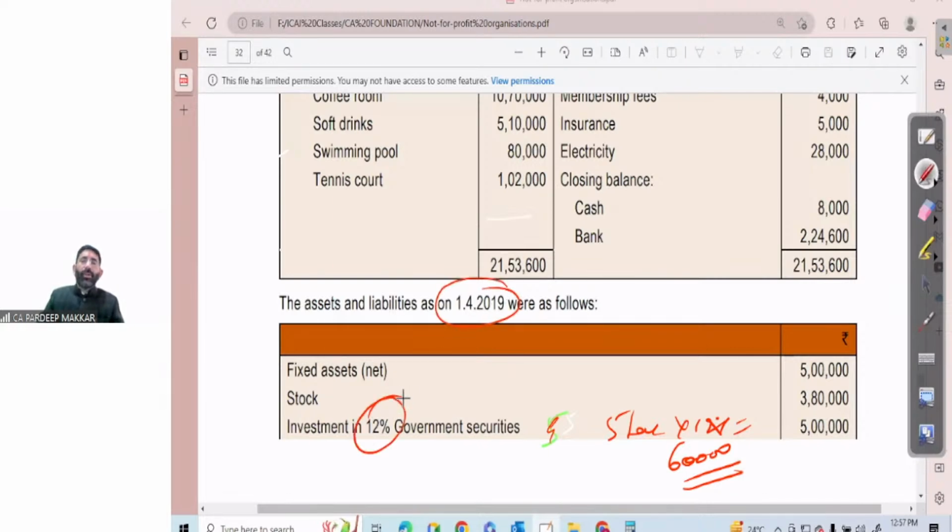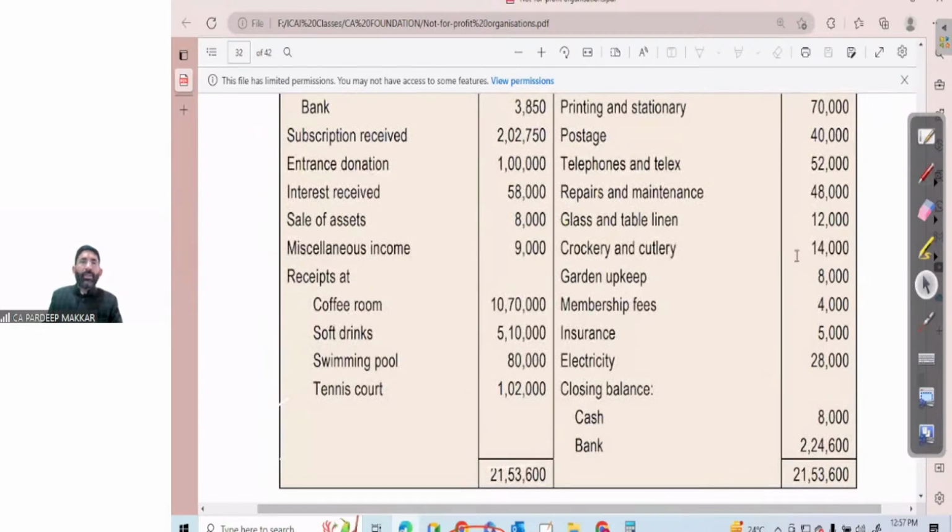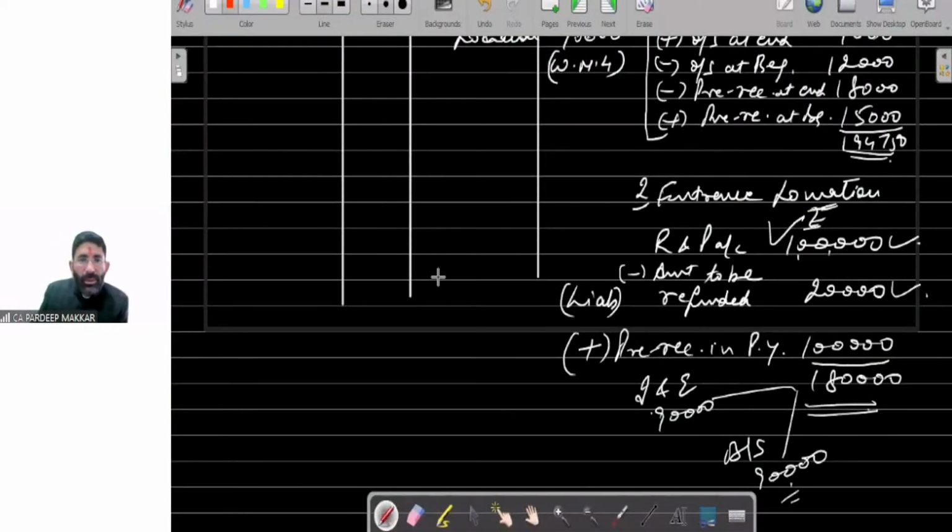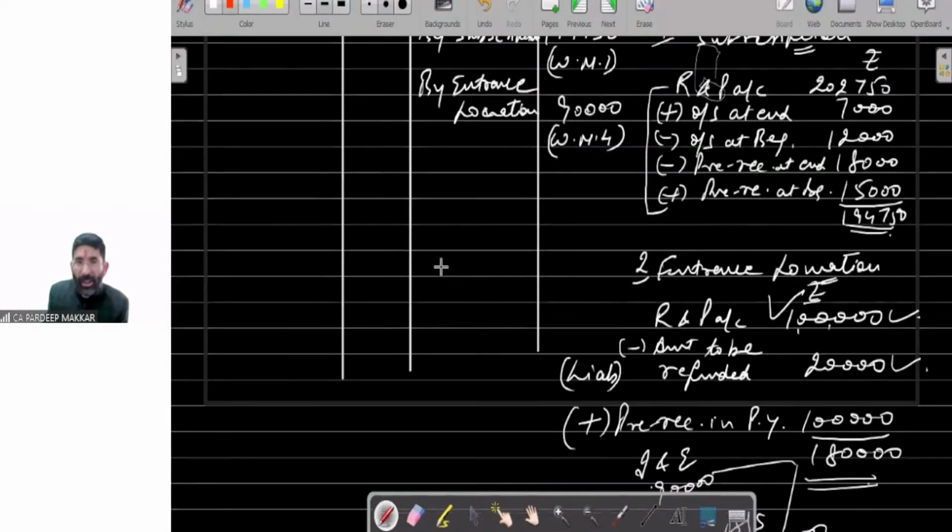So if this security is with us up to end, then obviously 60,000 should be received during the year. But how much is received during the year? Check it out. We have received interest worth rupees 58,000. So it means 2,000 is outstanding during the year. So you may check it out and enter here by interest, that is 58,000 received during the year, plus accrued interest 2,000.